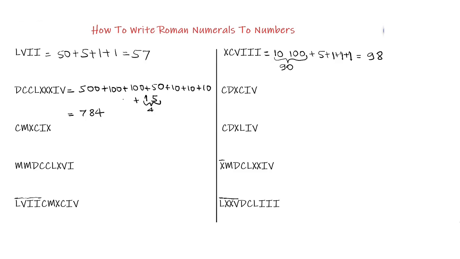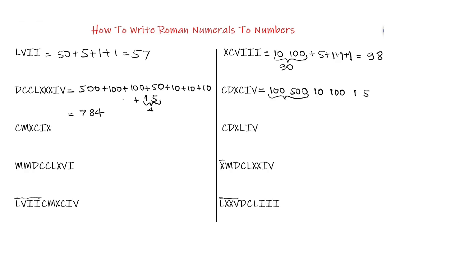Our next number is CDXCIV. We write the values of the symbol. C is 100, D is 500, X is 10, C is 100, I is 1, V is 5. Now what we observe, C is prior to D, that is 100 is prior to 500, so this is to be subtracted.